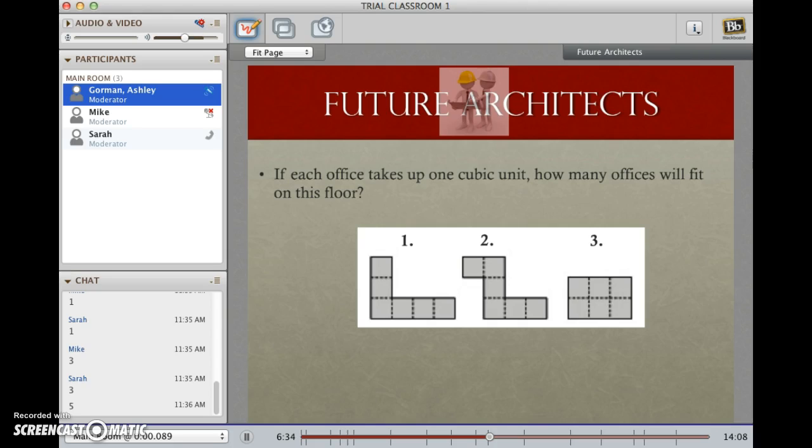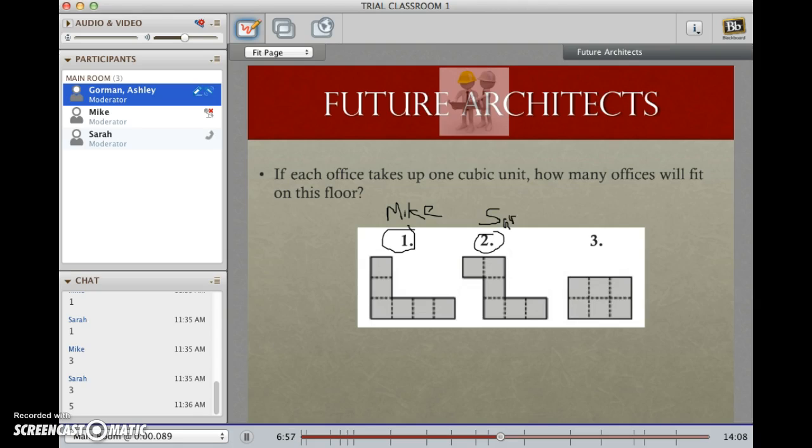If each office takes up 1 cubic unit, how many offices will be on this first floor? So for number 1 here, Mike, I want you to decide how many offices will be in this one. And Sarah, you're going to go ahead and do the second one.